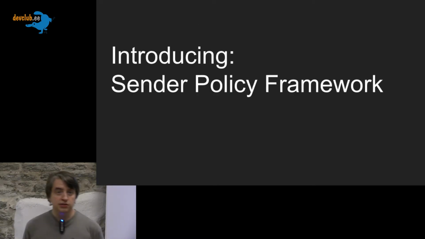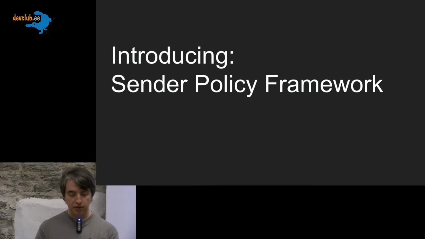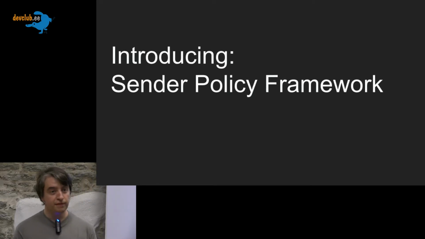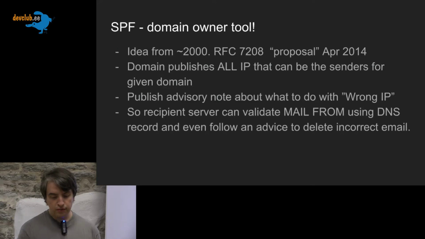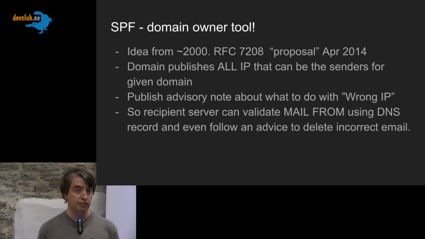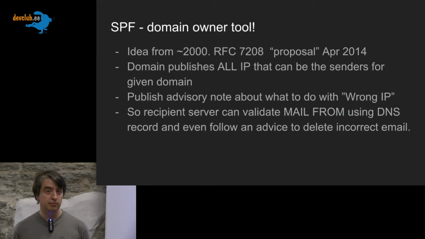And that was the groundwork for the technology called Sender Policy Framework, or SPF, which basically allows you to use your domain to publish information about the IPs that you're using for sending emails. You can even publish advice on what the recipient should do in case he gets an email claiming to be from you, but not from your IP.